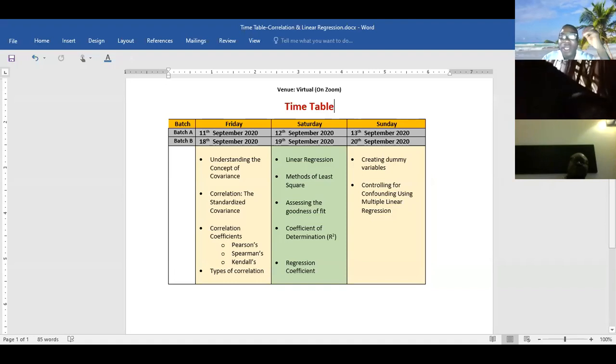We'll do that, and then, because the reason many people want to learn regression is how to control for confounders, we'll use multiple regression. That will be the last thing we do. By the time we are done on Sunday, everybody should be confident enough to say, okay, I can run regression. So that's it.